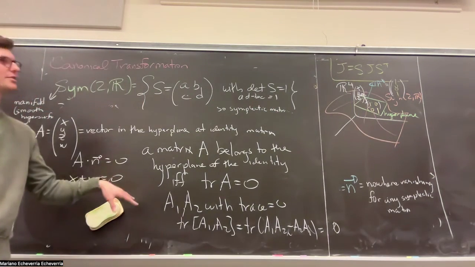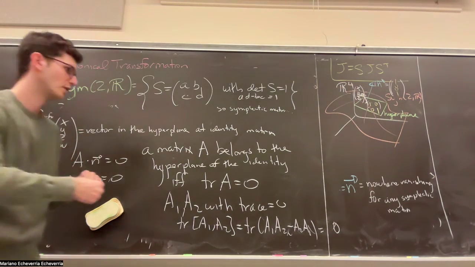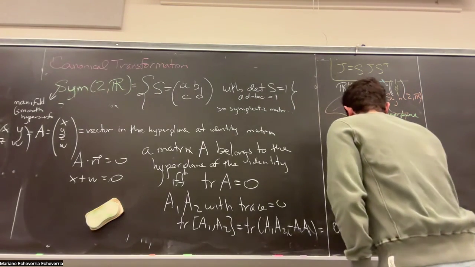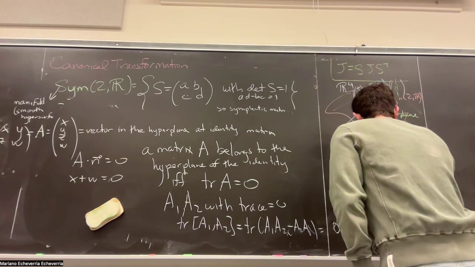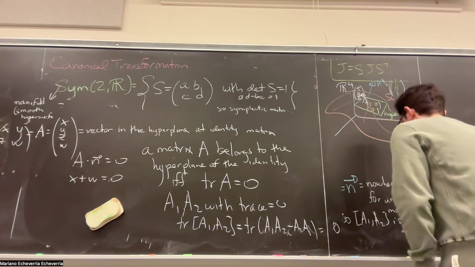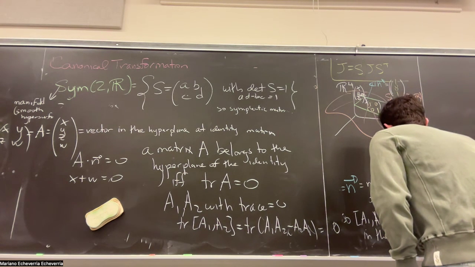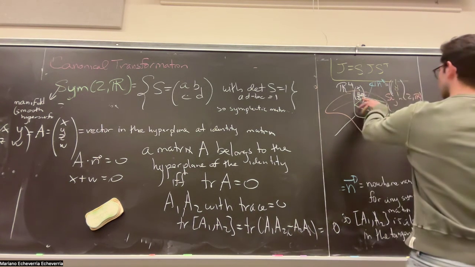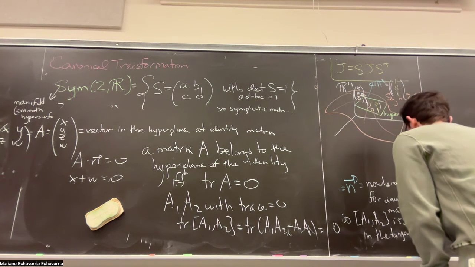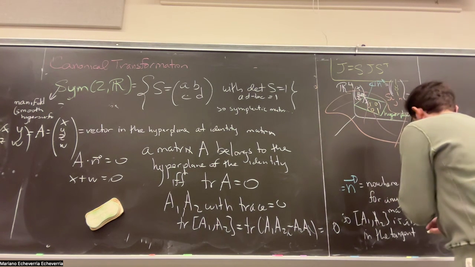So that means that if you have two matrices and you take their commutator, that's still in the tangent hyperplane. The commutator is also in the tangent plane. If you have ever seen it, a Lie algebra is saying that the tangent plane has a Lie algebra structure. Not that we need that for now.